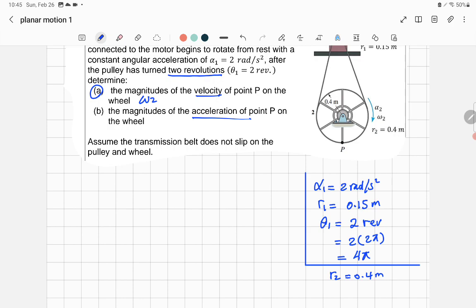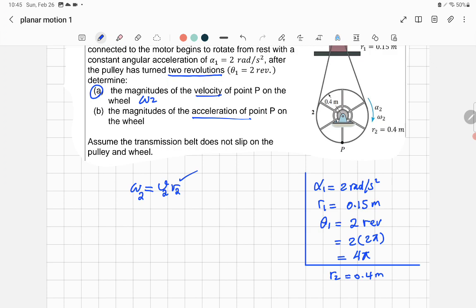You start to say, okay, I can get omega 2 if I know the velocity, because we know that omega is equal to V over R. So if you want to get omega 2, you have to have V2 and you have R2. R2 is given, but V2 is not given. So here we are starting on the problem. Well, how can we find V2?